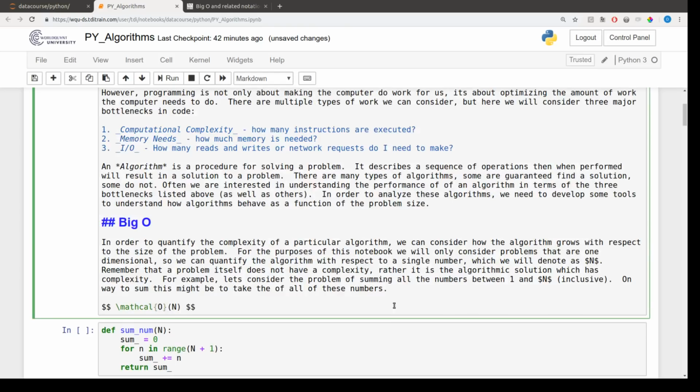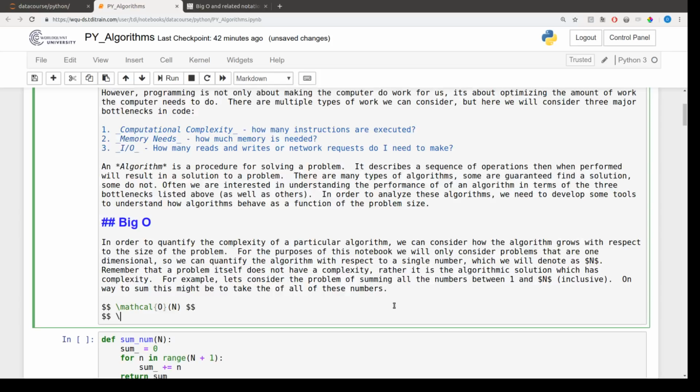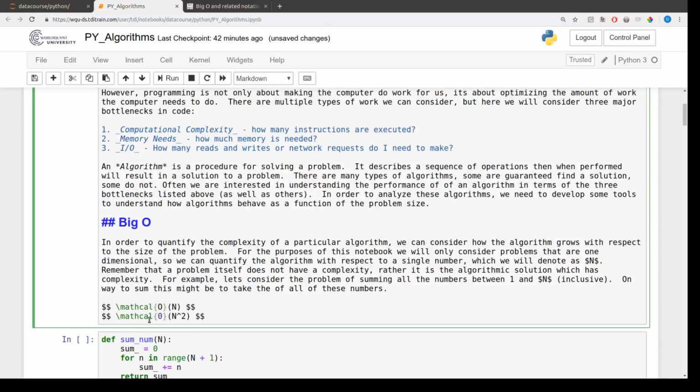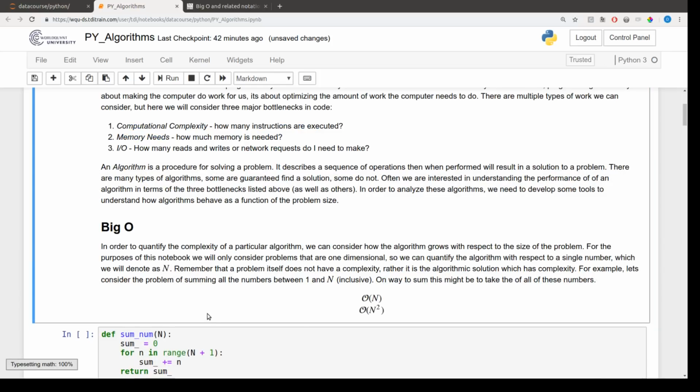Another possibility is n squared. So here, for instance, I might have to run 3 extra instructions for the first bit of input, and then once I get a second bit of input, I'm running 9 instructions, and then for the third bit of input, I'm running 81 instructions.